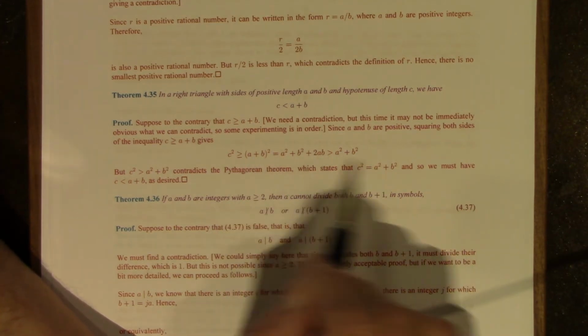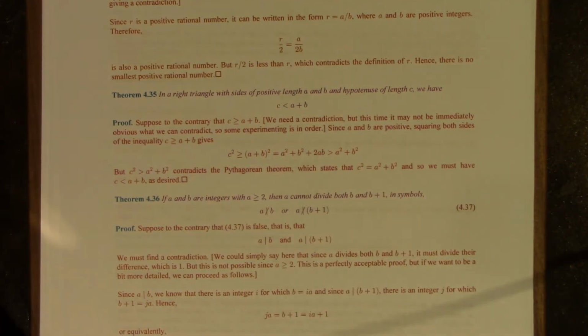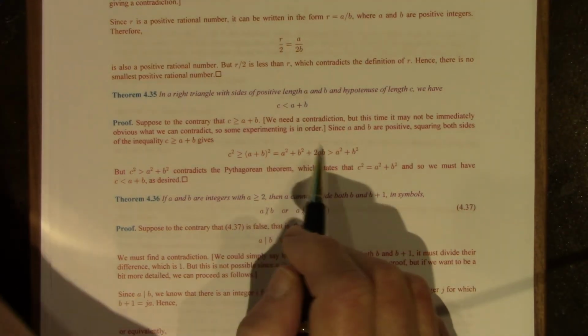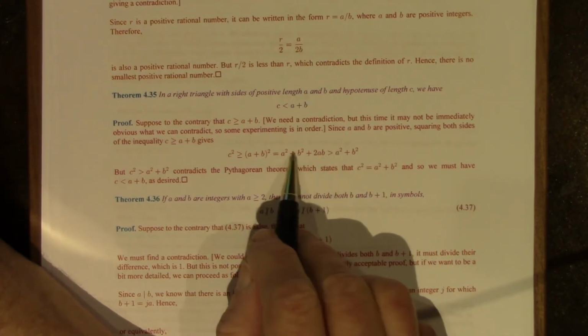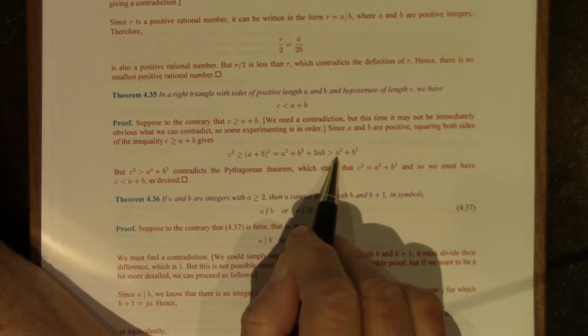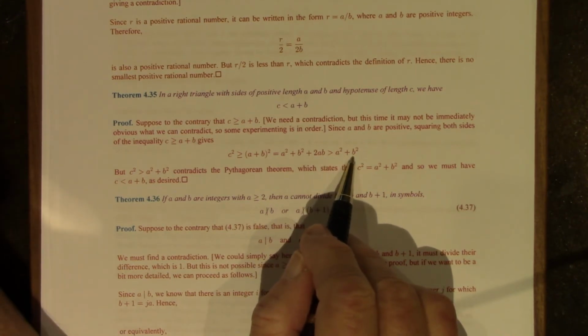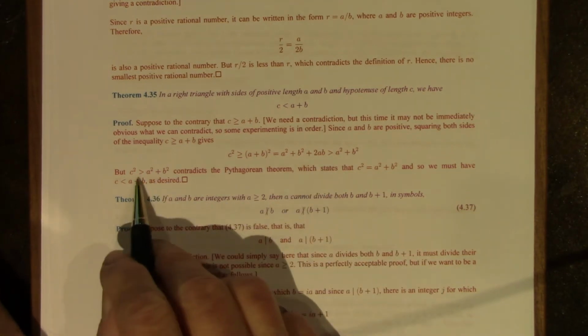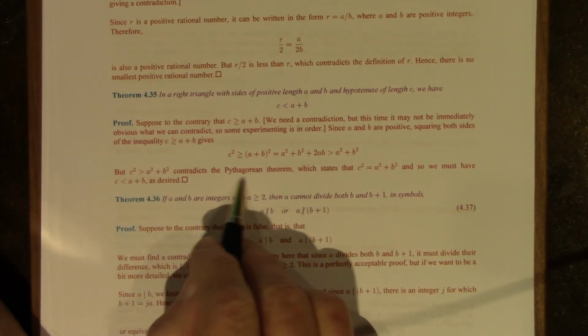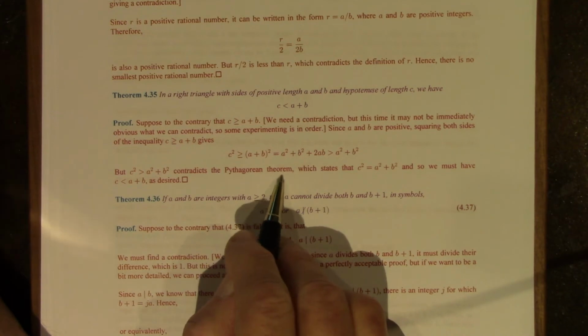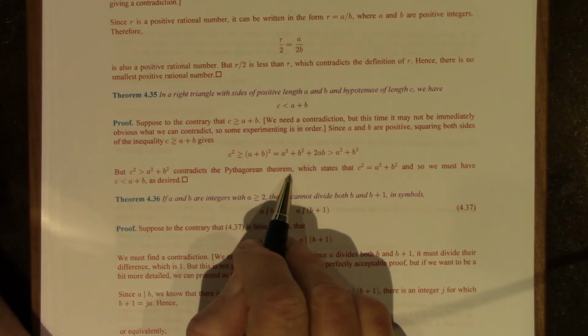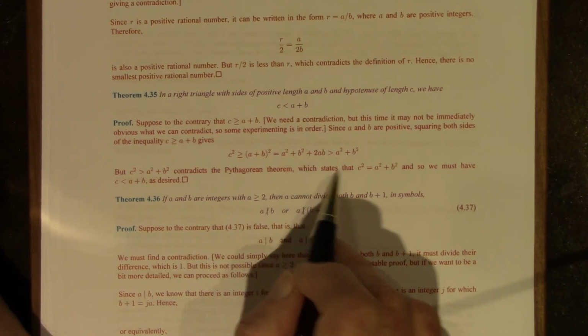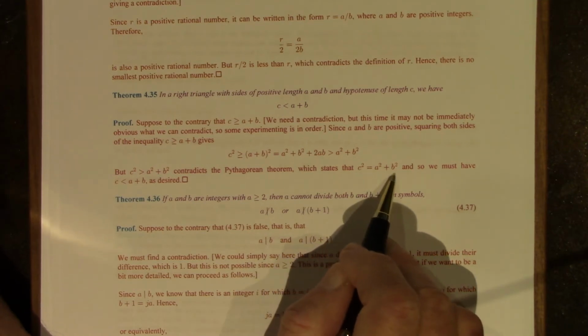So somehow we have to find some wording that says we're contradicting the Pythagorean theorem. One way is simply to note that this is strictly greater than this, and so C squared strictly greater than A squared plus B squared contradicts the Pythagorean theorem. You could stop there, but I added which states that C squared equals A squared plus B squared.